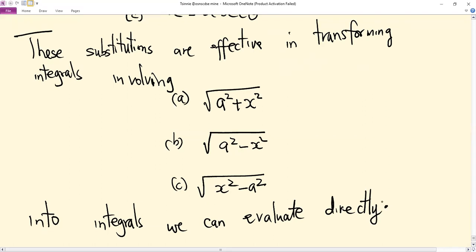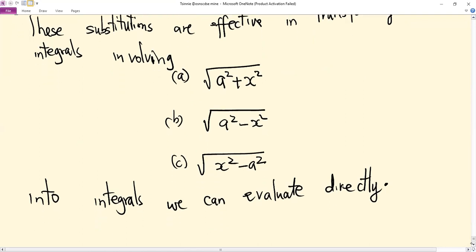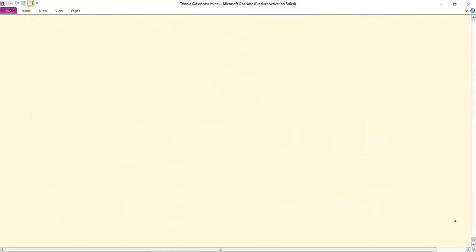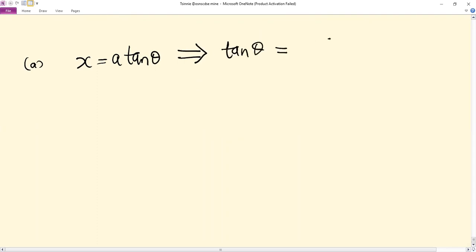So these are made from reference to a right angled triangle, as we can see here. The first case, when we say x is given by a tan theta, is the same thing as saying tan theta is x divided by a, so just divide through by a.